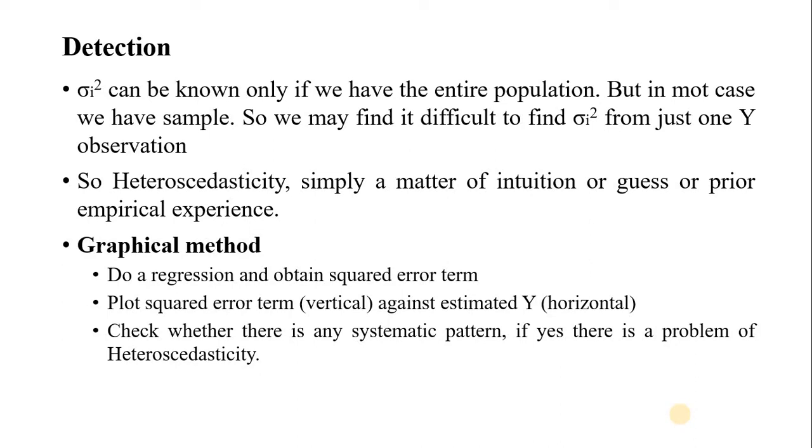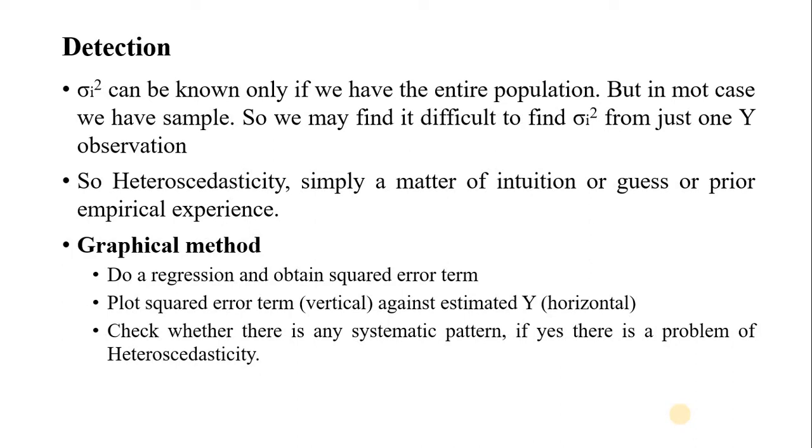What is the matter of intuition? When you take a consumption and income analysis, if all of your sample respondents have almost equal levels of income and consumption, then you can say there will be no problem of heteroscedasticity.